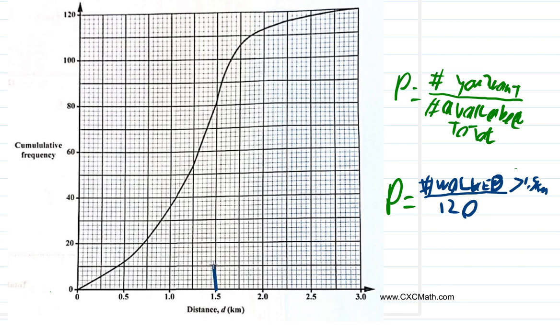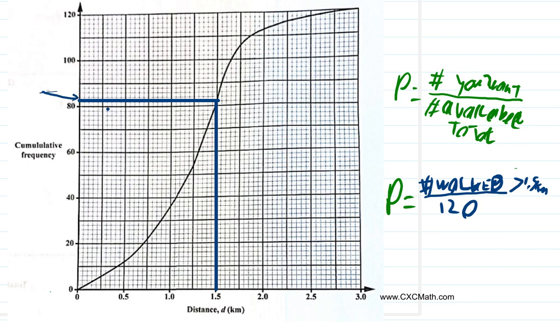Alright, 1.5 kilometers. How many students walk exactly 1.5? Where does it start? Well, maybe you won't find a student who walks exactly 1.5, but we're looking at the information here from the graph, right?